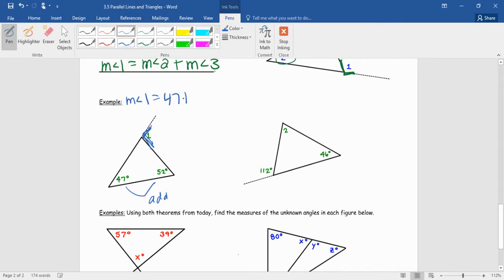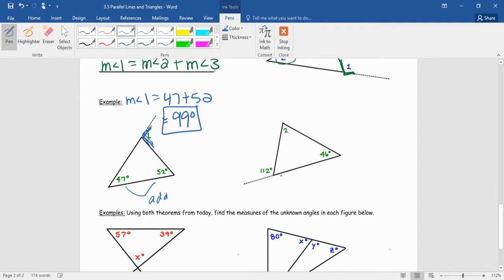So 47 plus 52 is what, 99 maybe? Let's do the math. So 47 plus 52 is 99. So angle 1 is 99 degrees.